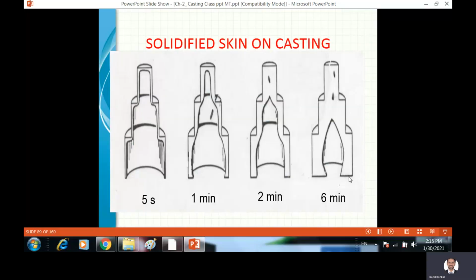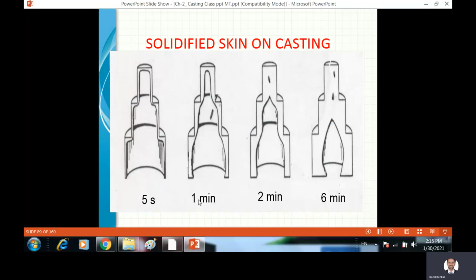Now see in this figure, the solidified skin on the casting. After pouring the metal, after 5 seconds what happened? Metal will solidify from this wall. See, this is your part. From this wall, this portion is solidified. So you can say that from the wall towards the center, metal will solidify after 5 seconds.